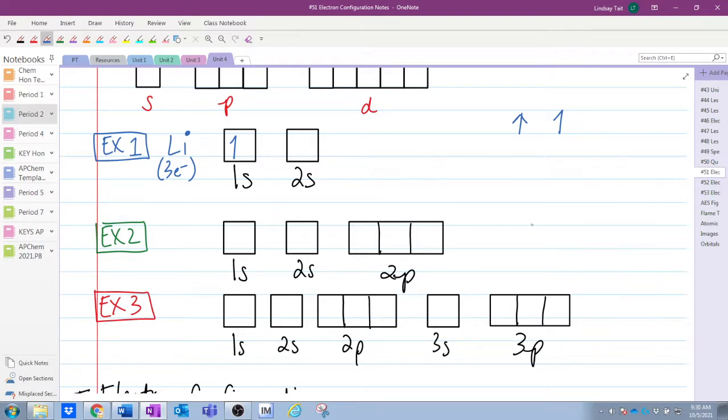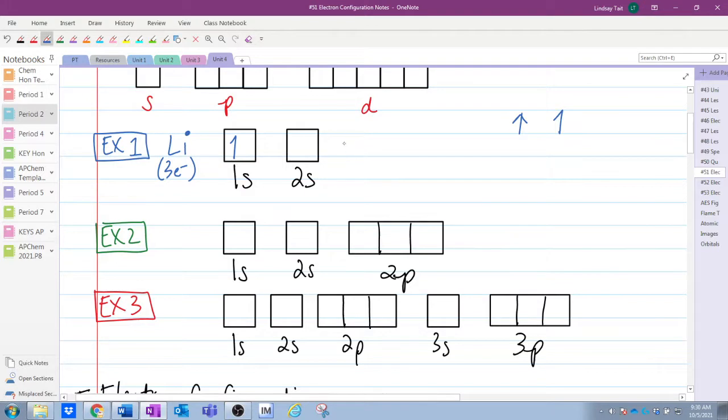All right, for my second arrow, Aufbau tells me not only do I have to start with the lowest energy sublevels, but I have to fill the lower energy sublevels before I move to a higher one. So if this is an orbital, how many arrows can I get into one orbital? 2. So I haven't filled this. Aufbau says I have to start at the 1s box, and it also says I have to fill the 1s sublevel before I can go to the 2s.